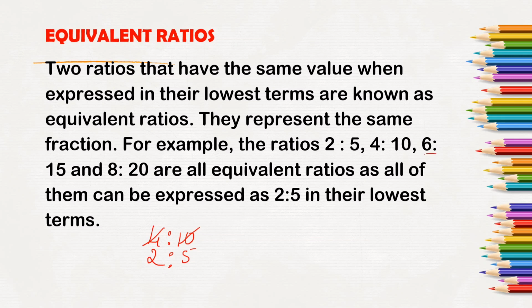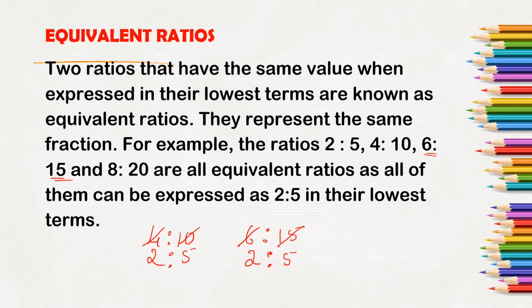Again, 6:15. Here also, when you bring it down to its lowest ratio, 3 2s are 6 and 3 5s are 15. So again the lowest term of 6:15 is 2:5.